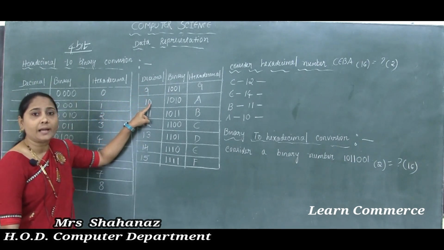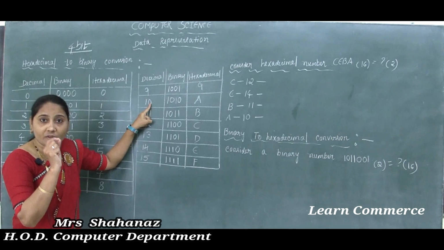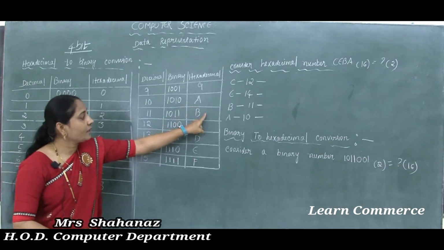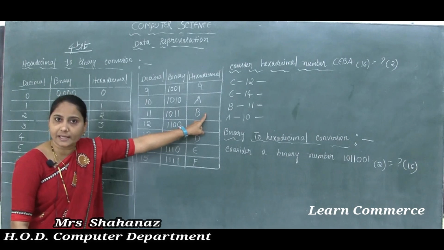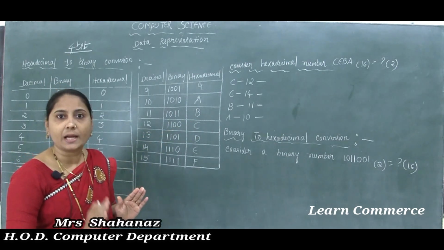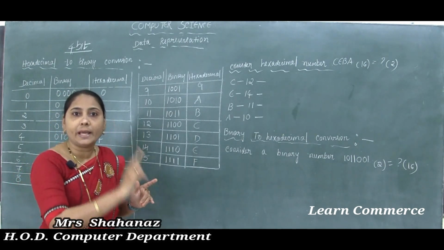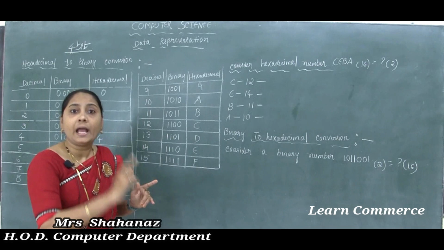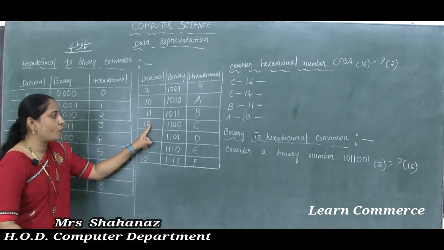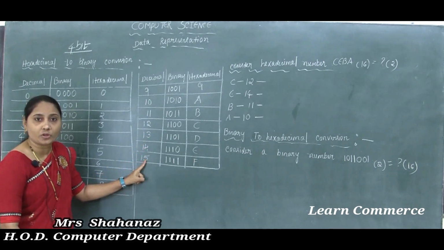And we know that in hexadecimal totally 16 digits are there. Clear this point here? In the case of the digits A, B, C, D, E and F, they have decimal equivalents of 10, 11, 12, 13, 14 and 15 respectively. So clear this point here?